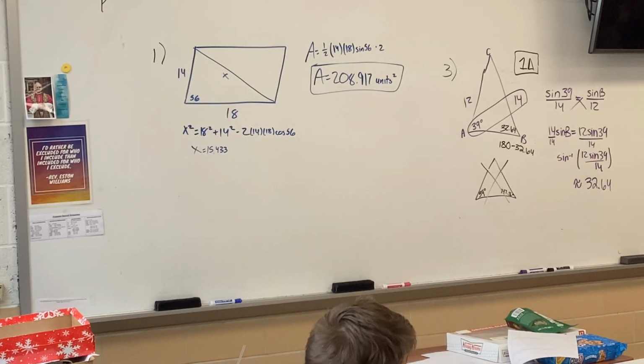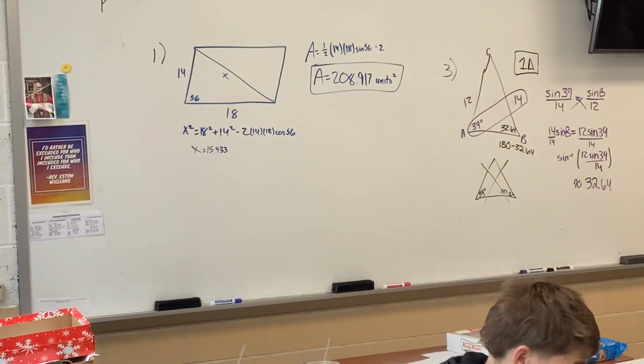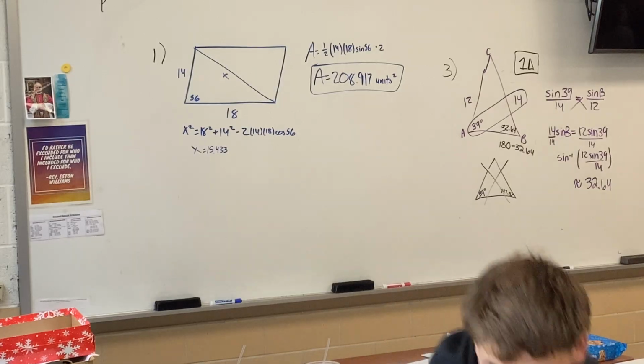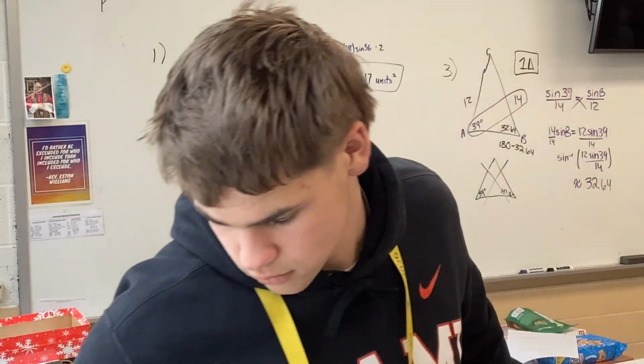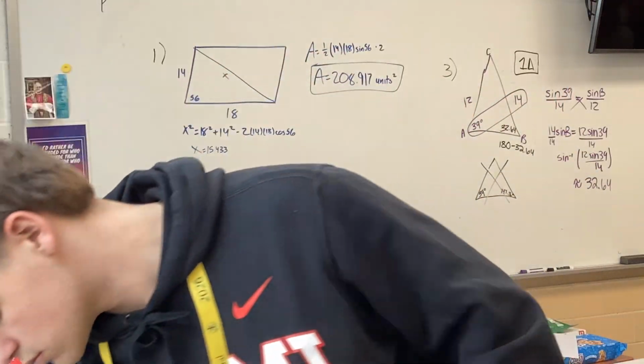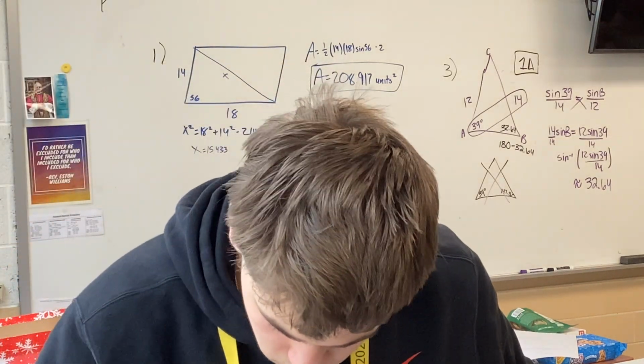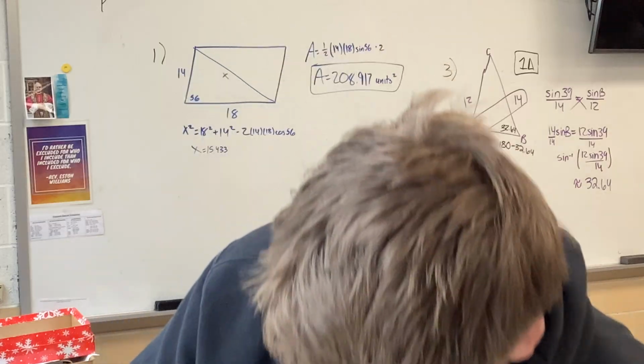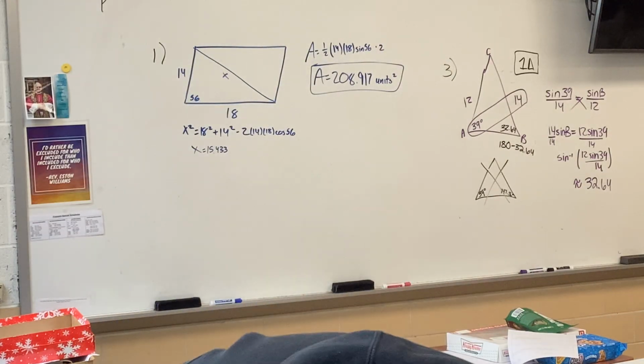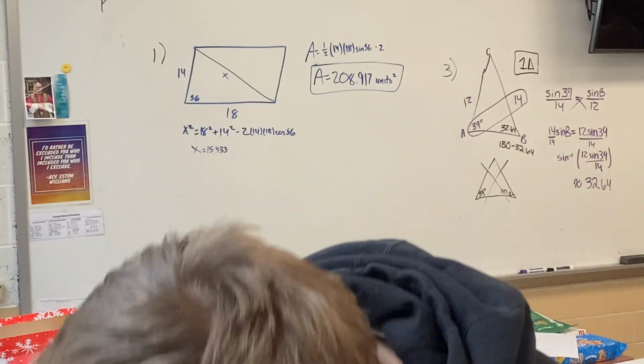Now, one thing about the back side is, make sure you know what you're doing here. What are we looking for in number 4? A third side. We're looking for a side. So don't do area. I know you're tempted, but don't do area.